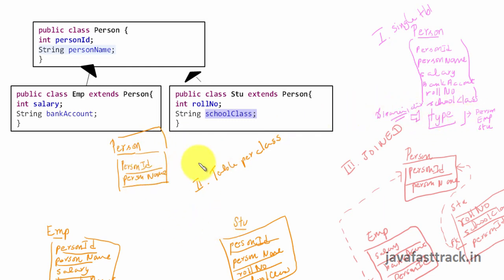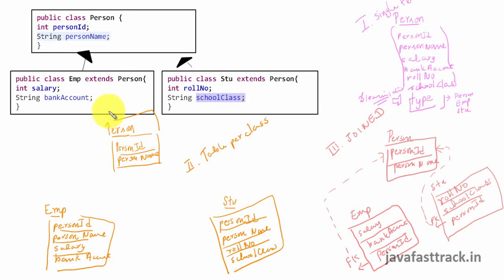Second strategy is called as table per class strategy. Corresponding to every class, you just go and create a table with all the fields from that particular classes. Person related fields, employee related fields, and then the common person related fields, student related fields, and then the common person related fields, all the fields. Since all the person related fields are again and again repeated in EMP and student, if you don't want to do that, you can use the join strategy.